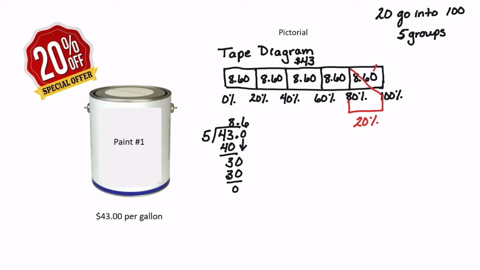That means we get to subtract from our total price $8.60. So we're going to come over here and do 43 minus 8.60. Go ahead and add my decimals. I'm going to have to borrow. I think some people say shift now. So that's going to be 0 for shift or borrow again.